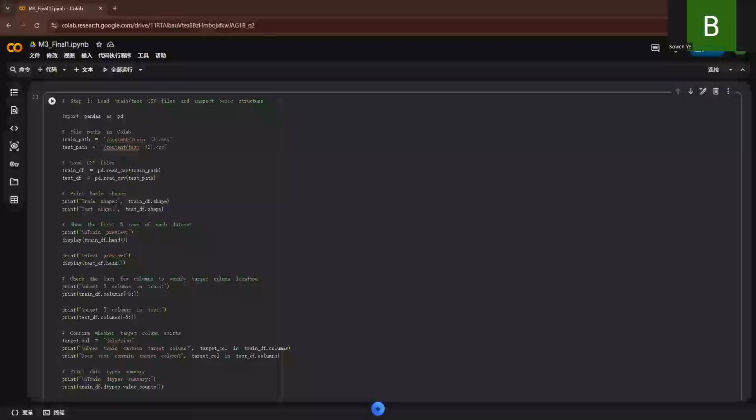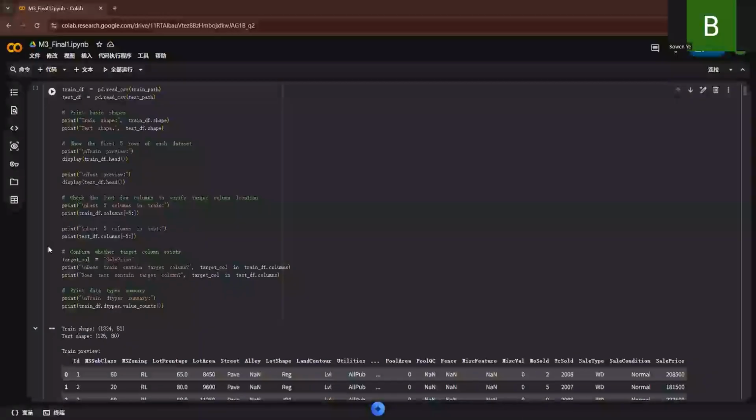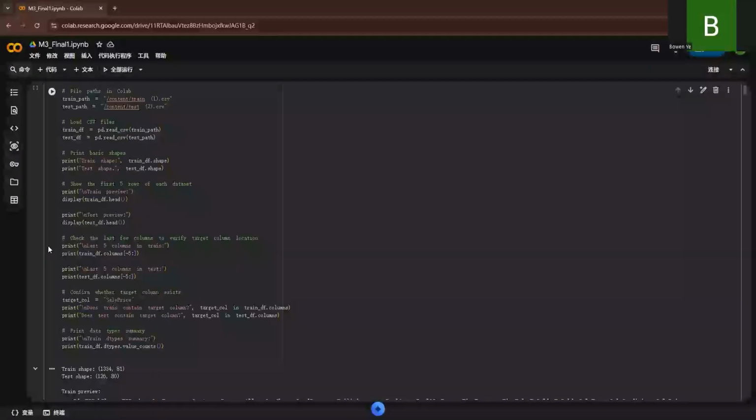Rather than focusing only on the final result, our goal was to build a systematic workflow that moves from data understanding, processing, and model experimentation toward a final model that generalizes well on unseen data. And the evaluation metric for this project is RMSE, so minimizing large prediction errors was our primary objective.